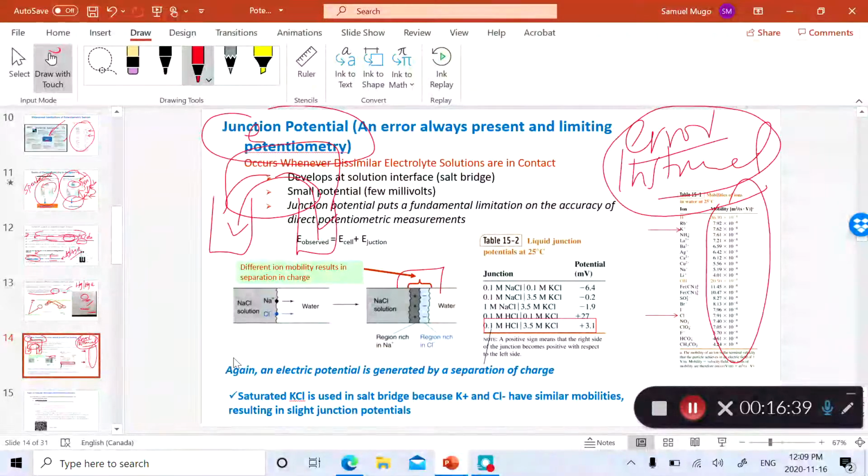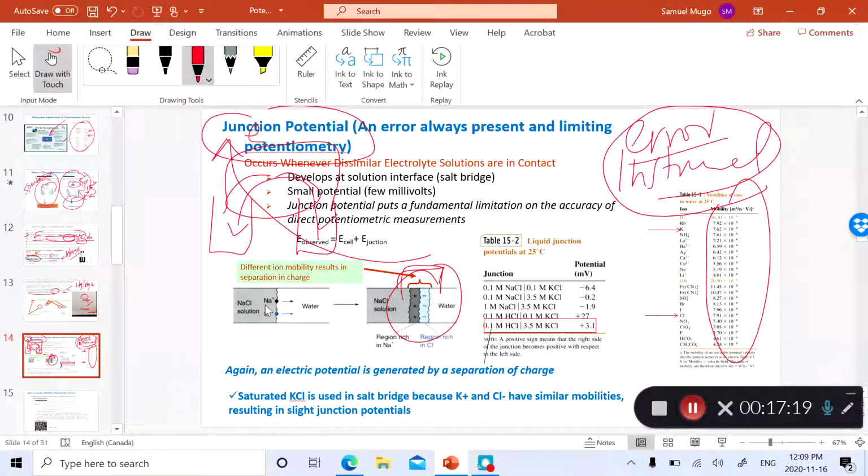For example, sodium chloride in water dissociates into sodium ions and chloride ions, and of course we know this is an electrolyte. If you look at the electrophoretic mobility, the chloride ions move faster than the sodium ions. Because they are lighter, they accelerate faster, resulting in the charge separation, and this charge separation is what you refer to as the junction potential.